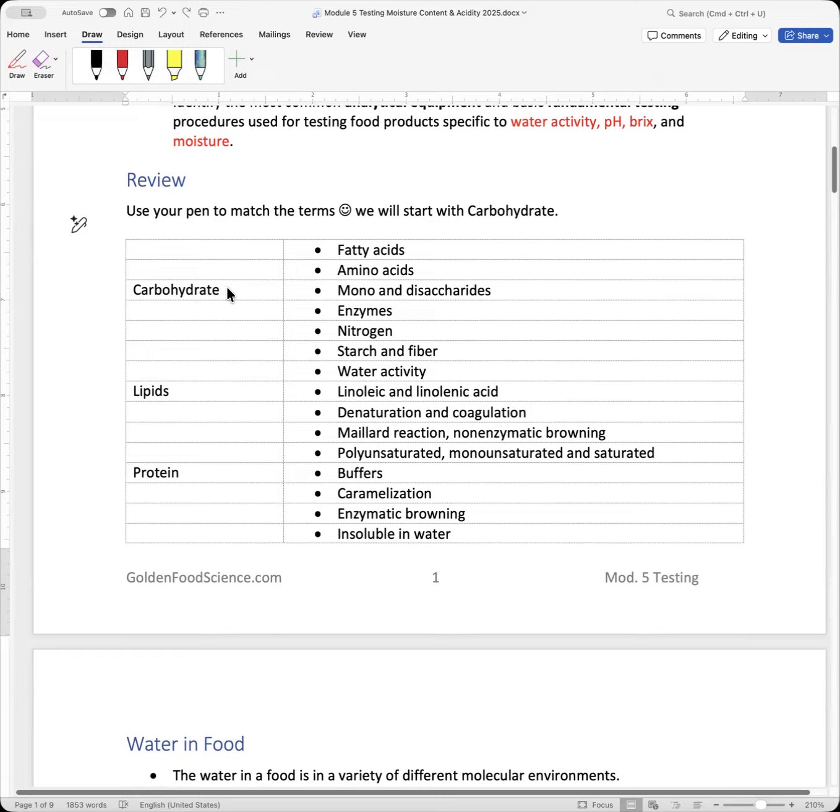So, for instance, carbohydrates, mono and disaccharides. Just do the carbohydrates. Which of these terms are associated with carbohydrate? Use your pen to draw a line.